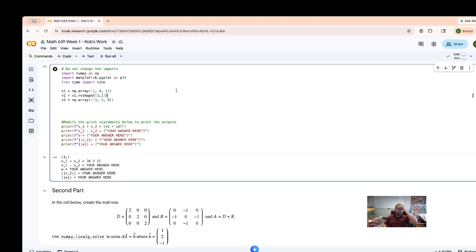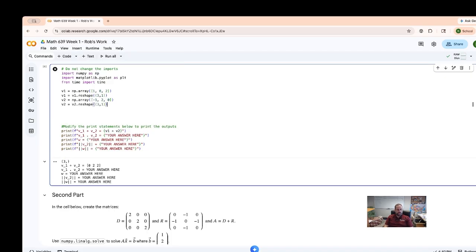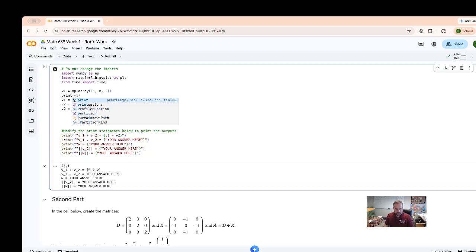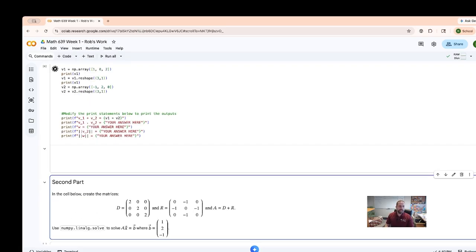So v1 is going to be equal to v1.reshape, and similarly I want v2 to be equal to v2.reshape, and now it's going to be a 3 by 1 matrix. Now we're going to look at what happens. I'm going to print v1 before the reshape and v1 after the reshape, and we'll see the differences.